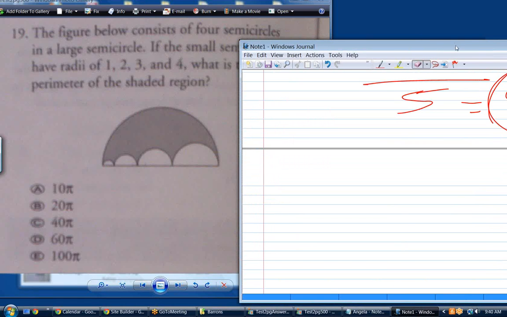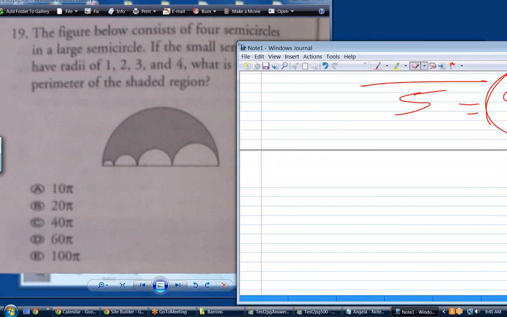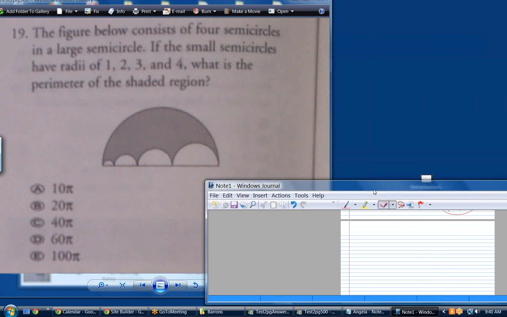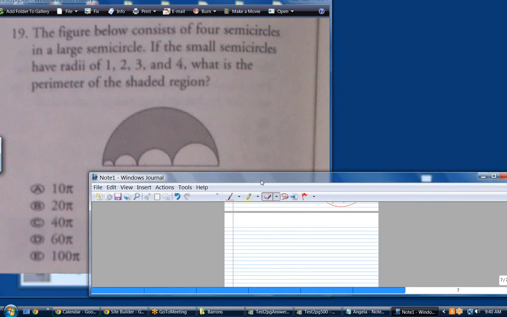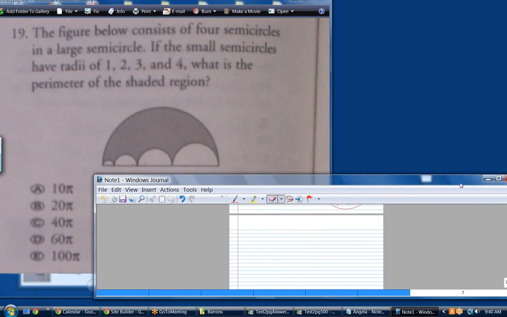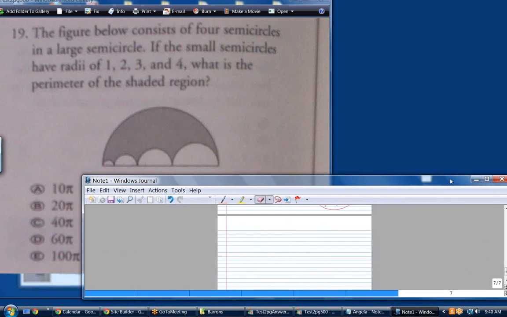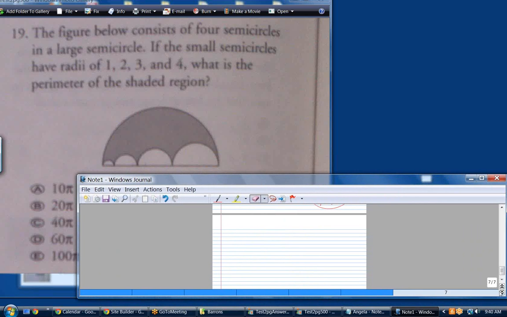Let's start with the small ones or the big one? The big one. No, small ones. Well, the smalls might be easier because we know their total radius, whereas the big one, we're going to have to figure out what the radius or the diameter of that whole thing is.